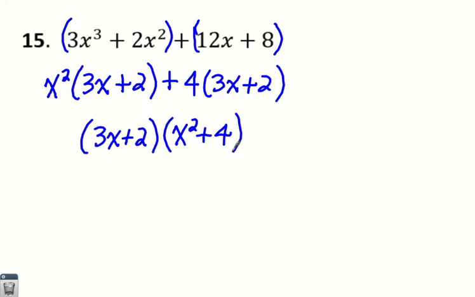Does either one of those bubbles factor again by unfoil? Definitely not 3x plus 2. X squared plus 4, remember, it's x squared plus 4, which means it does not. I know 4 is a perfect square, but it's got to be the difference of two perfect squares. So we're actually done with number 15.